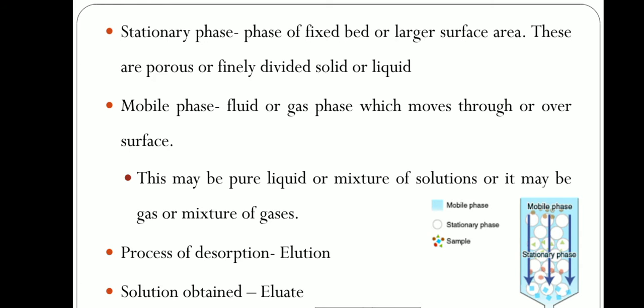So stationary phase means a phase of fixed bed or large surface area. These are porous or finely divided solids, and sometimes that may be liquids. In such cases, the liquid has been coated as a thin layer on an inert support material.